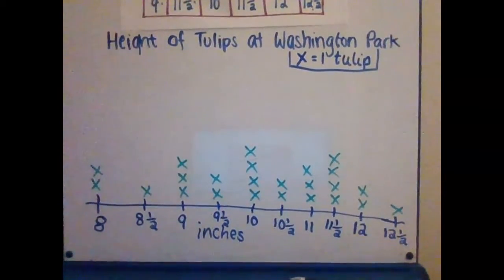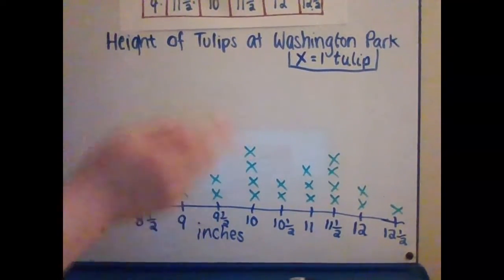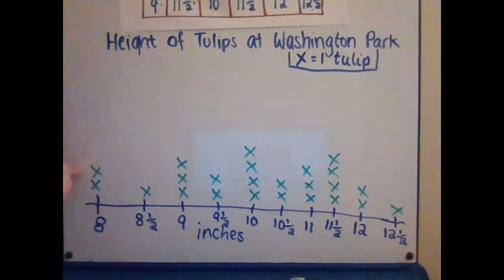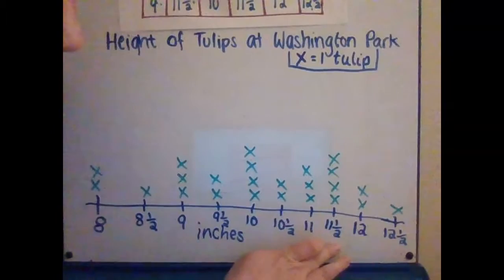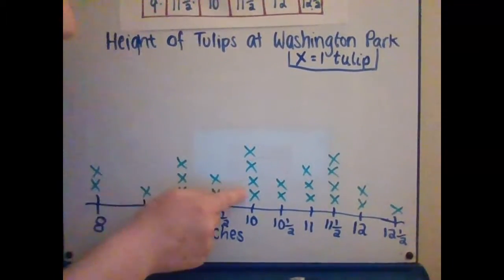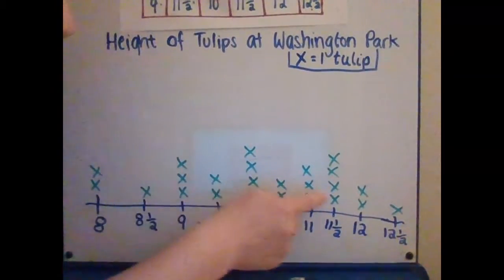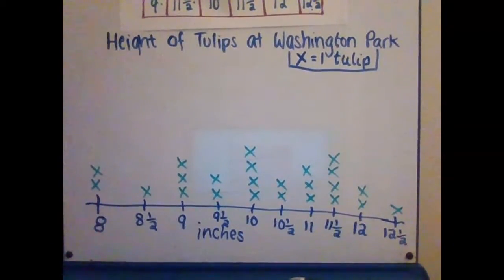The most frequent means the most common. That means it has the most number of X's because that has the most data. We can see that 10 and 11.5 are both the same. They are the most frequent because they have 1, 2, 3, 4, 1, 2, 3, 4. So I hope you came back to me saying 10 inches and 11.5 inches.